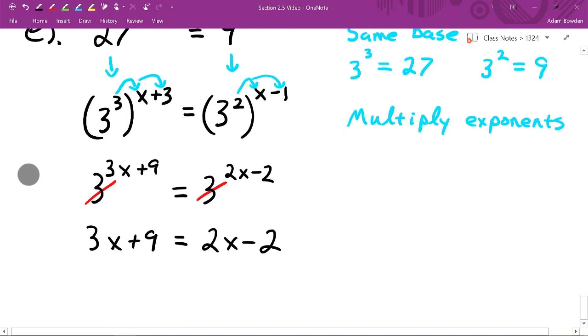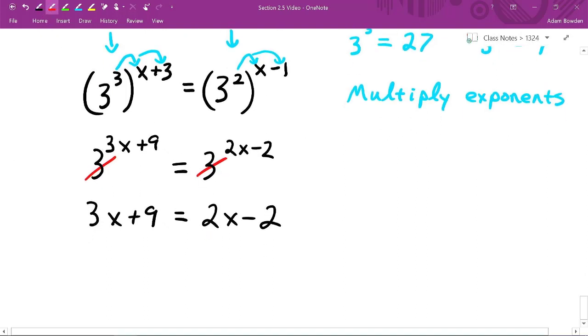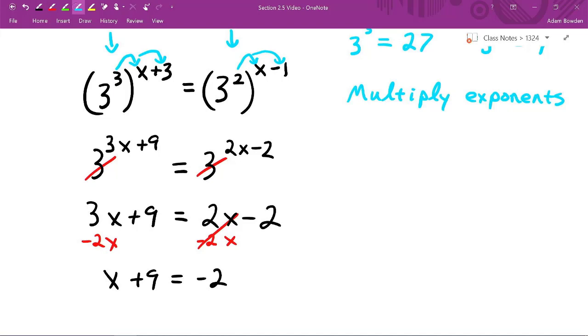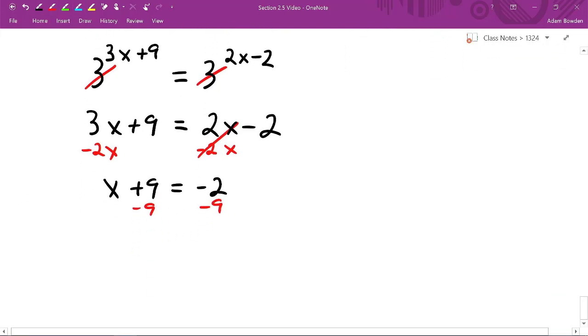And that solves just like any equation would from here. Let's subtract the 2x over from both sides. x plus 9 is equal to negative 2. Subtract over the 9 from both sides. And as a result, we'll have x is equal to negative 11.